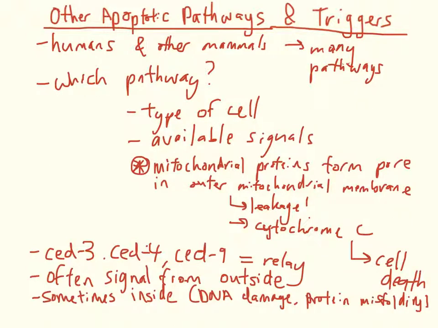For example, if you have too much DNA damage and you can't repair it, or if you have too much protein misfolding, then the cell will tell itself to kill itself. And like we've covered before, a lot of stressors can cause cells to die. Cells will often sense that they're under stress, that things are wrong, proteins are being misfolded, and they will choose to kill themselves.